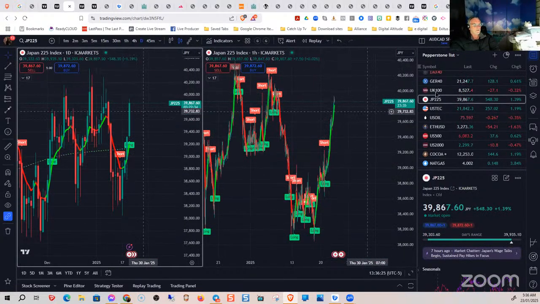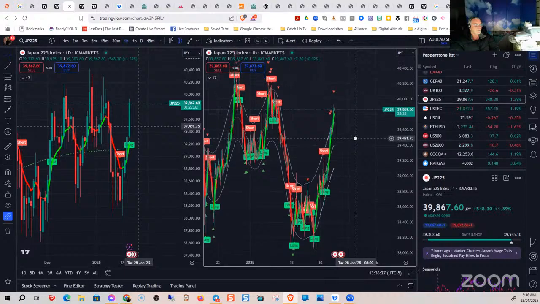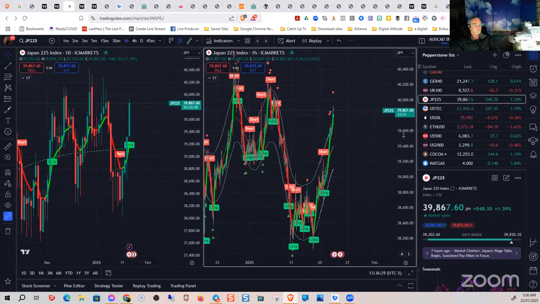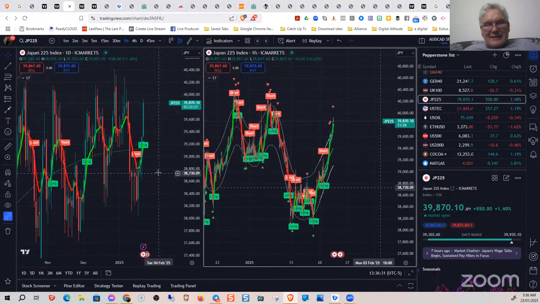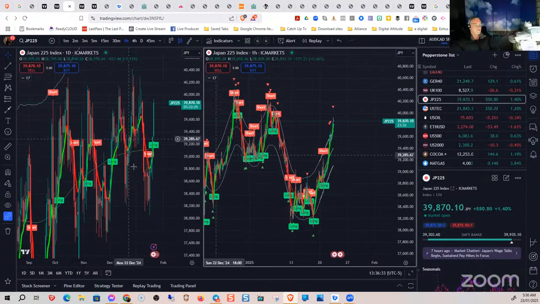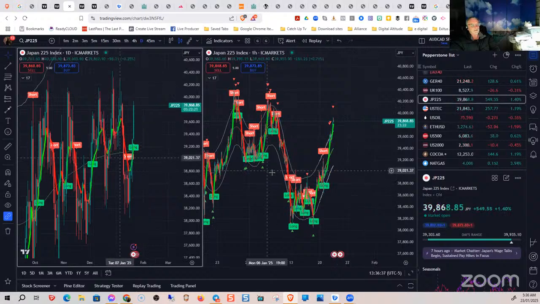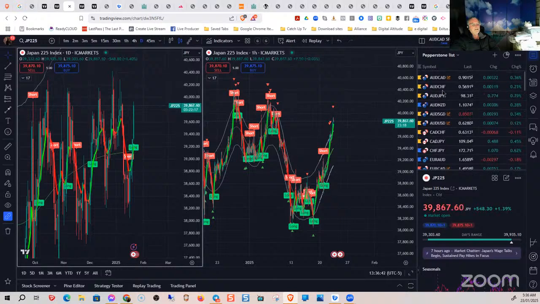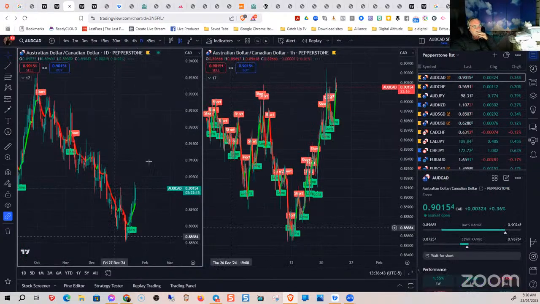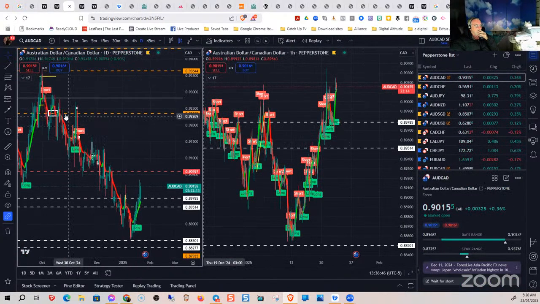Look at the push up on the Japanese 225. You can see it's been choppy, but maybe this is the interest rate stuff. Anyway, we will wait to see what happens there. I'm just going to sit with a lot of those JPYs.